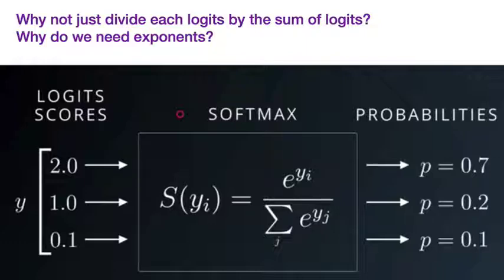If your original logit score is high, then e to the power of that high number would be an even bigger number. Whereas if your logit score is low, then e to the power of that number is not going to be proportionally scaled. So you are giving more weightage to higher scores.